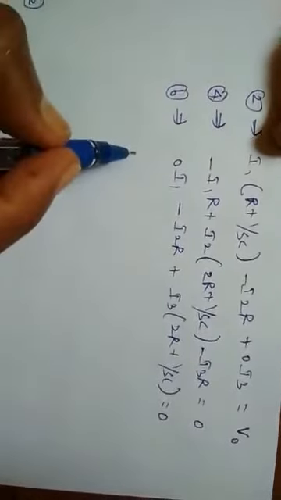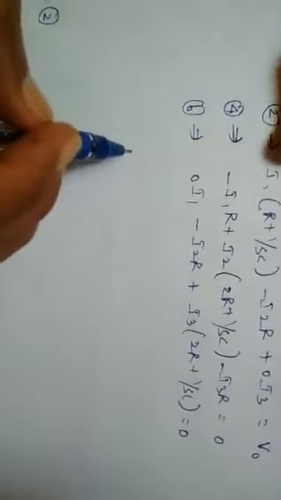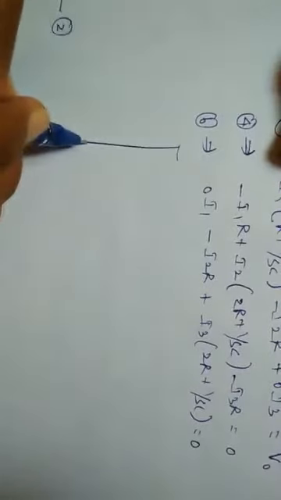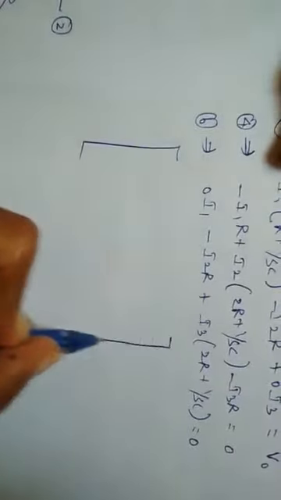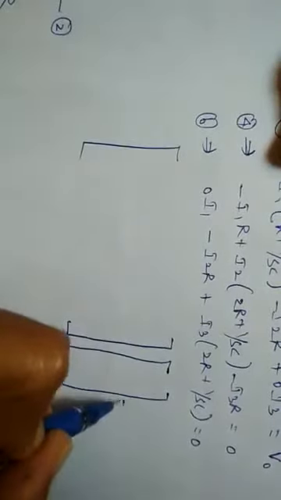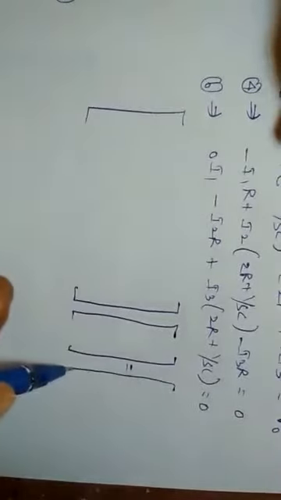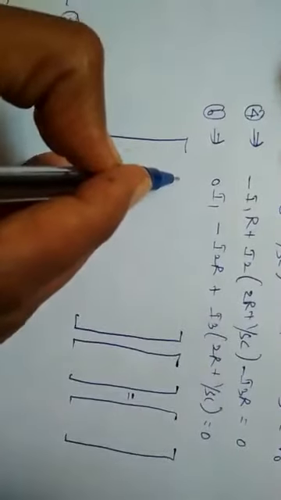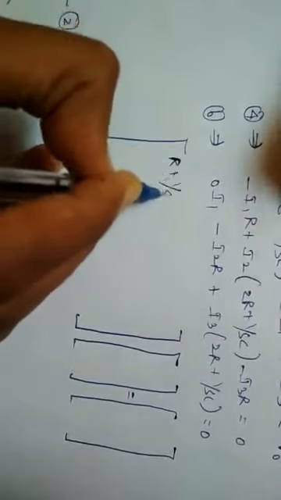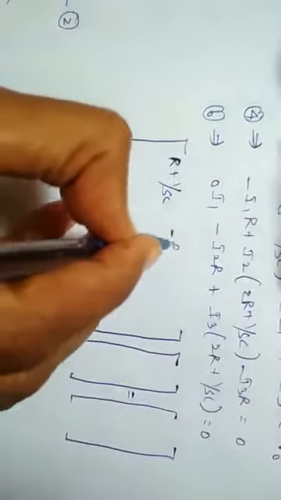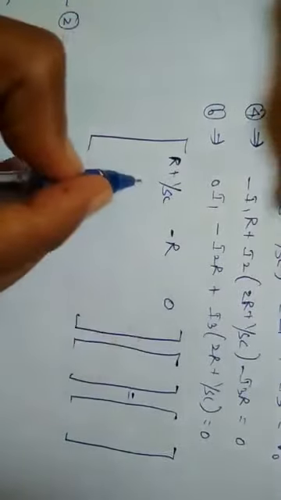Now these three equations can be written in the form of a matrix. So we can draw a 3 by 3 matrix for these three equations by considering all these I1, I2 and I3 along with the potentials available in the loop. So from equation 2 we have the factor of I1 is R plus 1 by SC, and for I2 it is minus R, and for I3 it is 0.